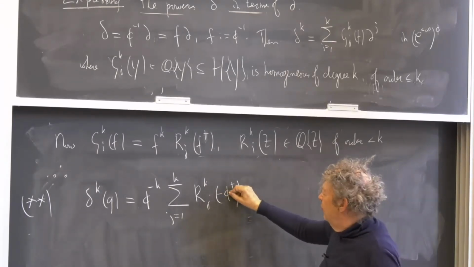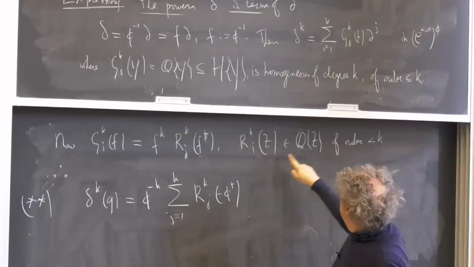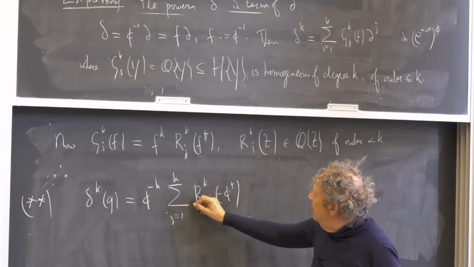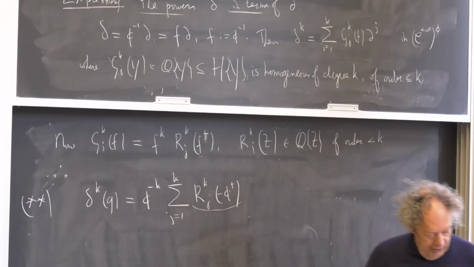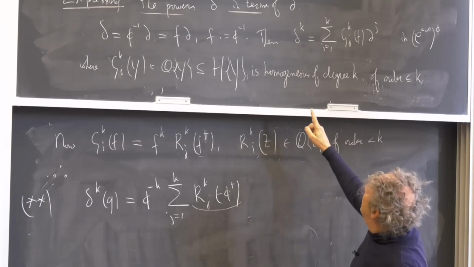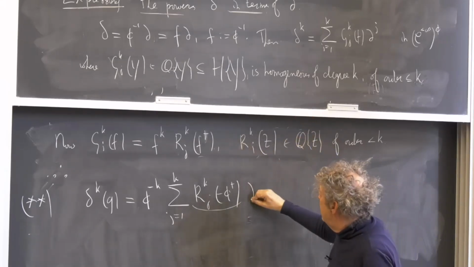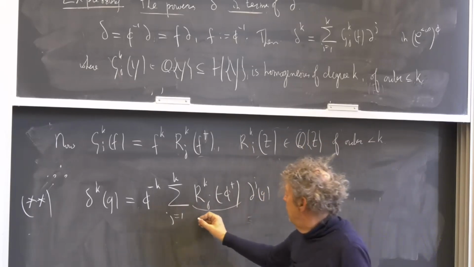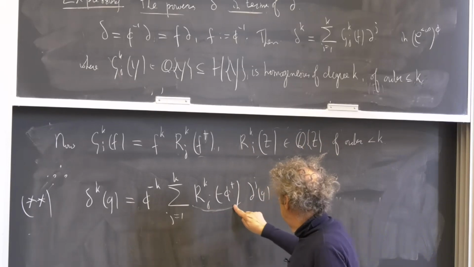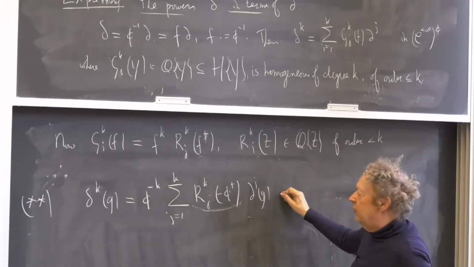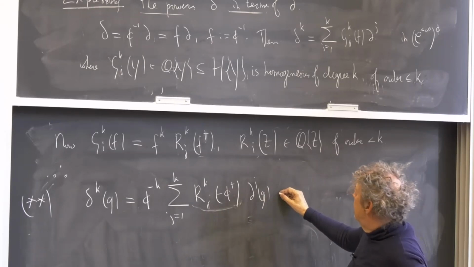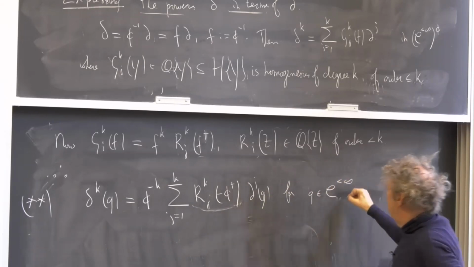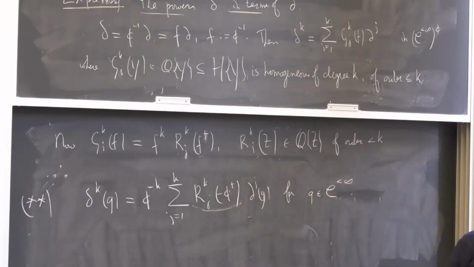But for phi active and small, we have reasonable control of the size of this, times the ordinary j-th derivative of g, for g again in this ambient differential ring.